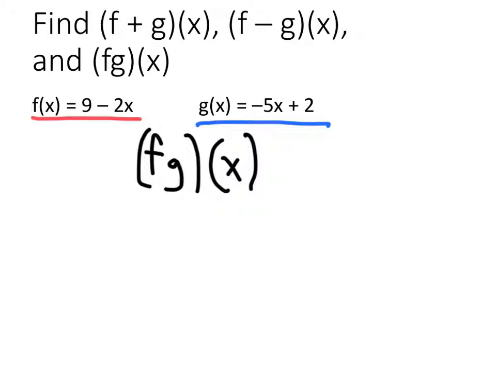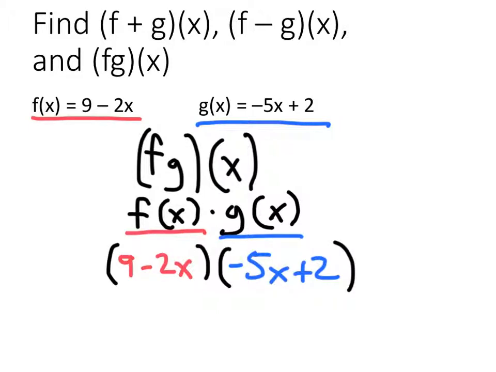Finally, we'll do the multiplication, f times g of x, which we'll rewrite as f of x times g of x. Again, it's important to use parentheses for the multiplication, so I show that I'm multiplying the entire expression for the function together and treating it as all one thing. And then I need to remember to double distribute in this case.